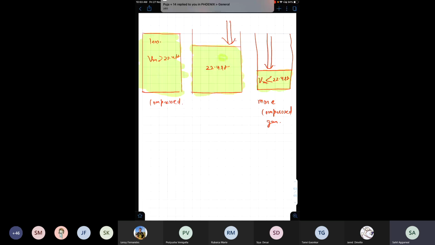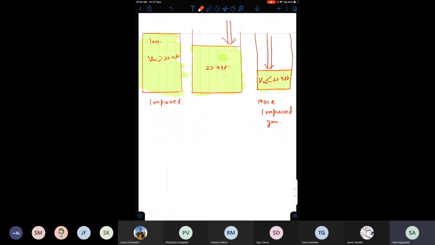If volume is less, the gas was more compressible. इस चीज को समझो. That is why you compressed it to the lesser volume. अगर आपकी गैस ज्यादा compressible है, you can make it to smaller volume.